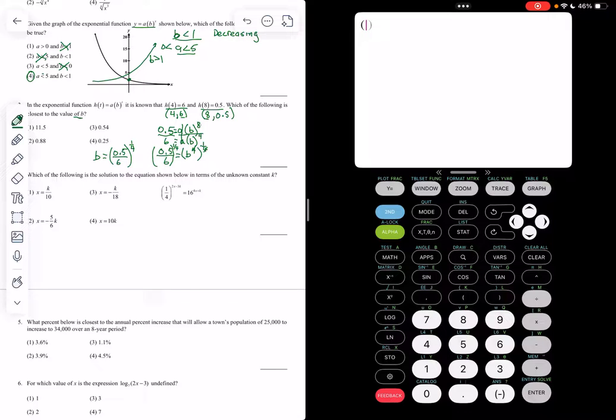So I'm going to open parentheses and put the fraction in: 0.5 over 6. Move this over and we're going to raise it, which is the button above the divide button. We're going to make this a fraction, so we put an alpha 1 here. We get that fraction up there. It's not 0.5, delete, delete. It's 1 divided by 4.